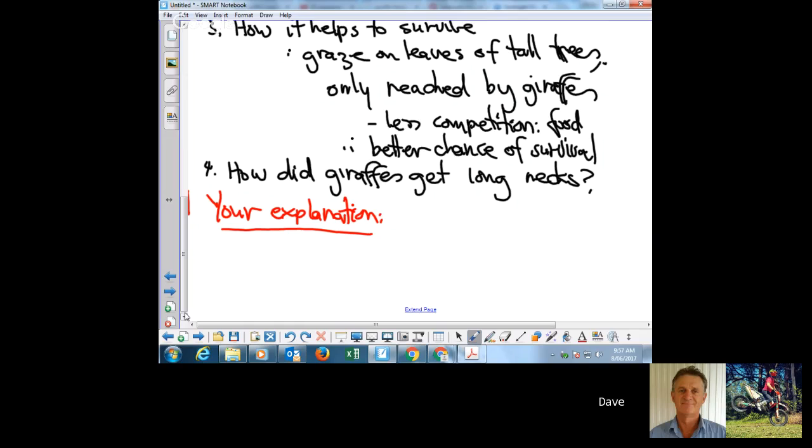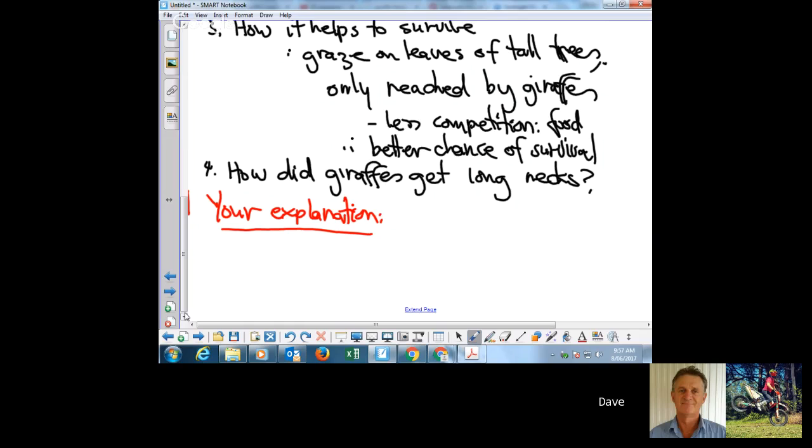We're going to learn that these traits produced by chance are caused by what we call mutations. They happen all the time. All right, so this process that we're talking about, the explanation is summarised by Lamarck's theory, Darwin's theory.